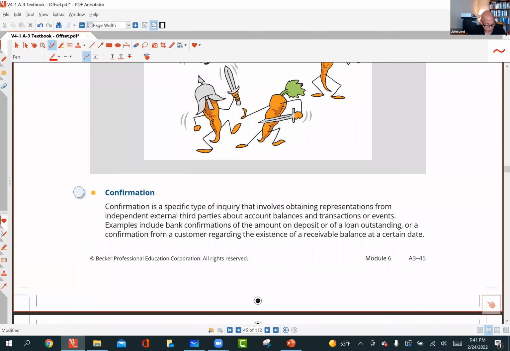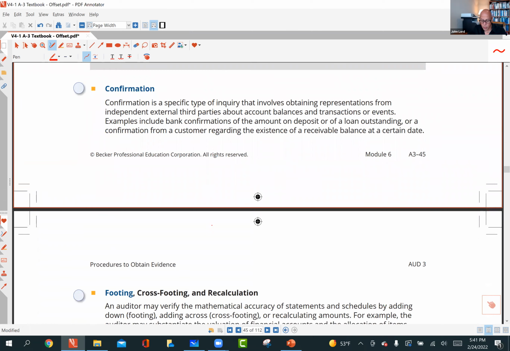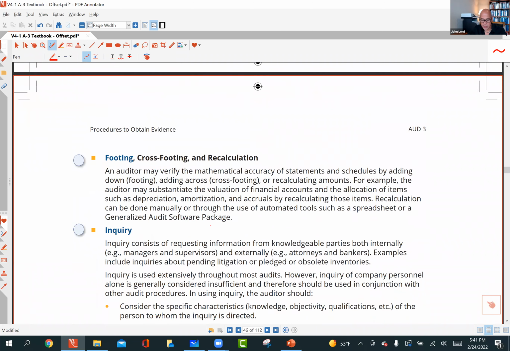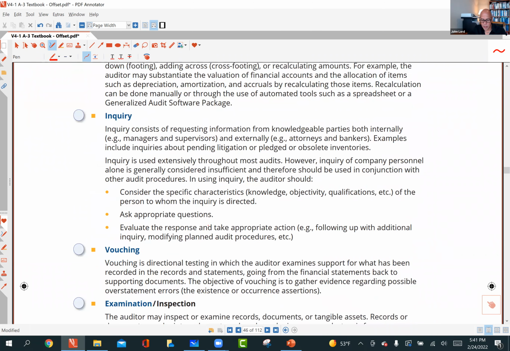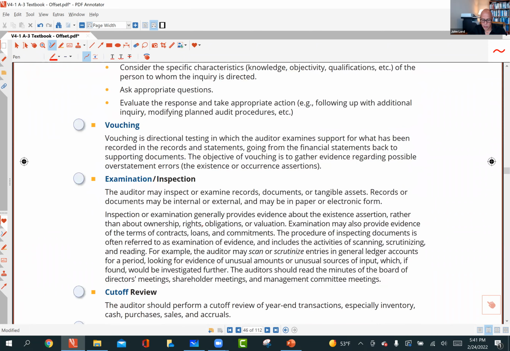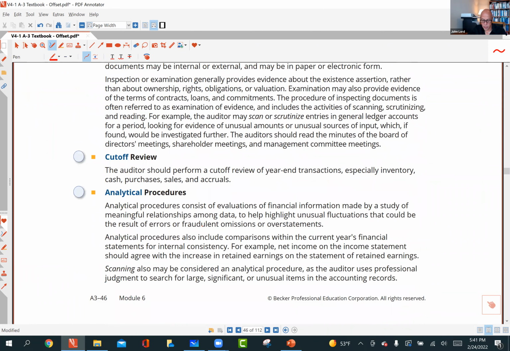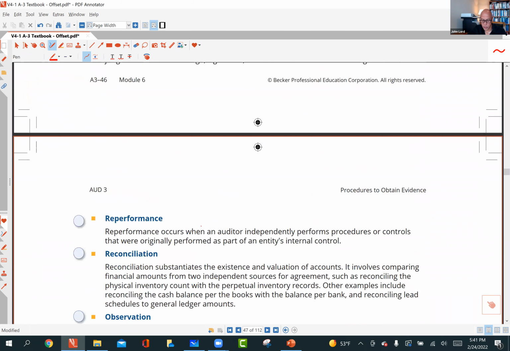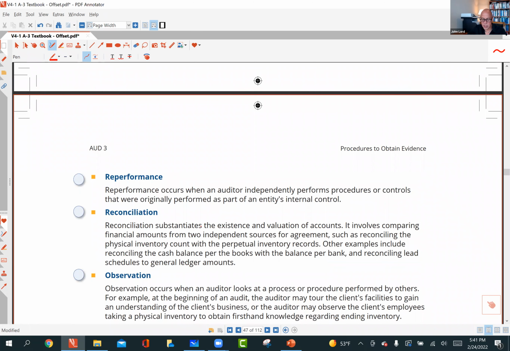Now, having said that, what bothers me about this list is they start listing off all these different things: vouching, inspecting, cutoff review. We'll talk about analytical procedures later. And then all of a sudden, just to make it spell 5 caret cars or whatever it is, wars, they throw in reperformance. Meanwhile, we're supposed to be talking about substantive procedures now.